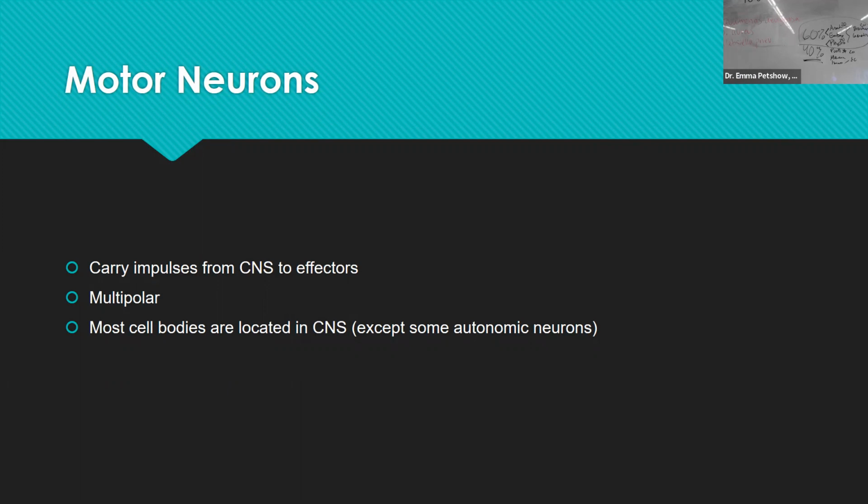I think they would probably combine motor and then the type and the location. They would say something to the effect of all motor neurons are multipolar and located in the CNS. Or most motor neurons are multipolar, and some are located in the peripheral nervous system. That would be your correct answer.